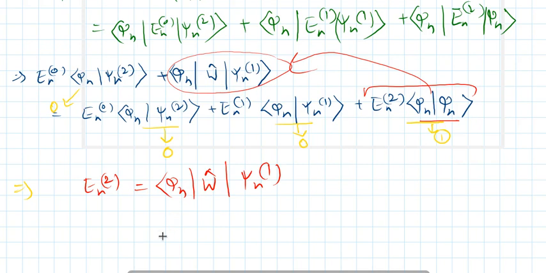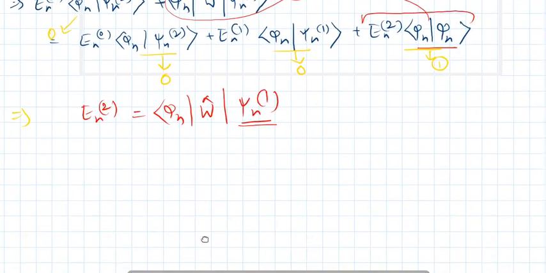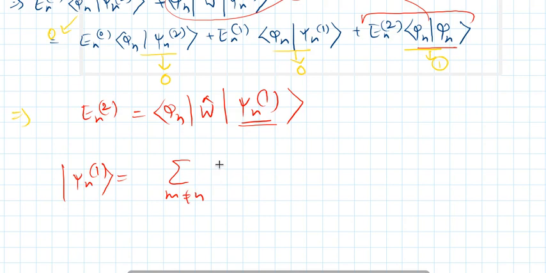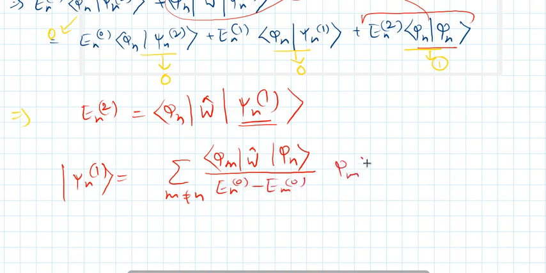So now if I put the value of this here, or I can say that if I recall the value of psi n1, as I know that psi n1 is equal to summation m is not equal to n, phi m W phi n over En0 minus Em0, phi m.